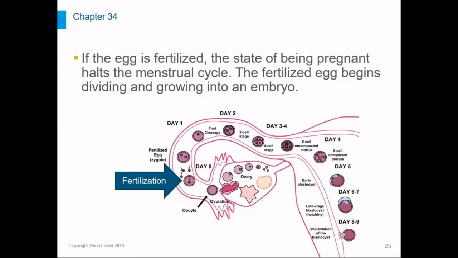If the egg is fertilized, the state of being pregnant halts the menstrual cycle, so this doesn't happen anymore. The fertilized egg, which is in the fallopian tube, begins dividing and growing into an embryo. And while it's doing that, it moves through the fallopian tube down to the uterus.